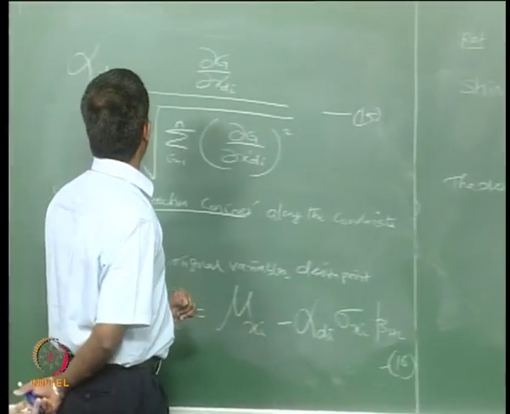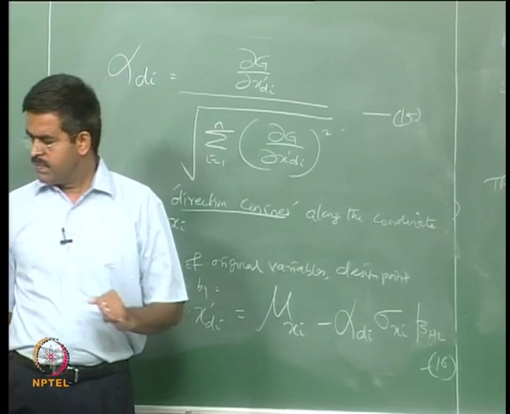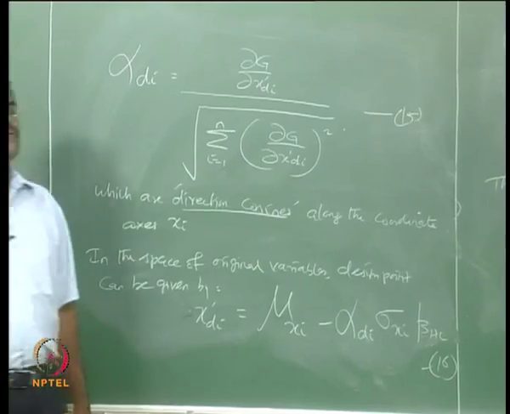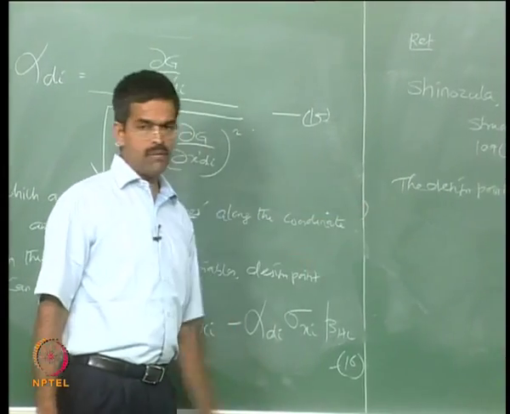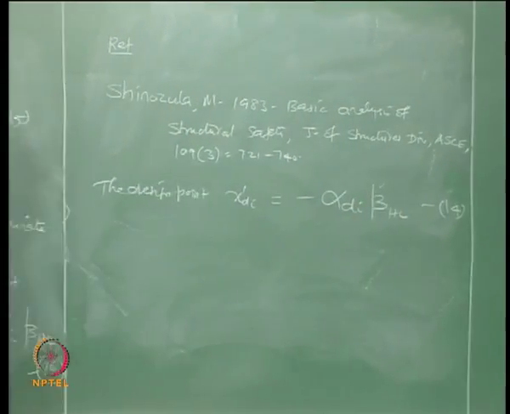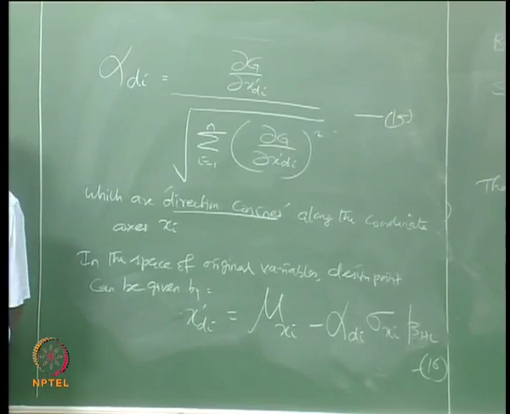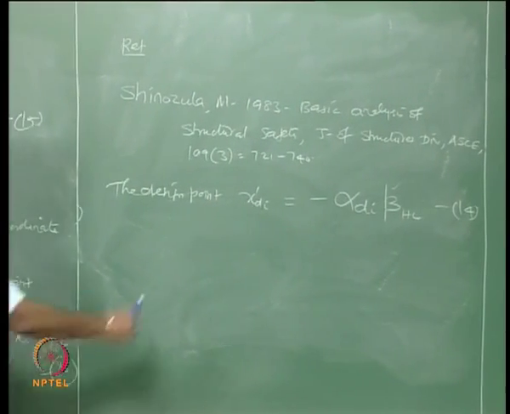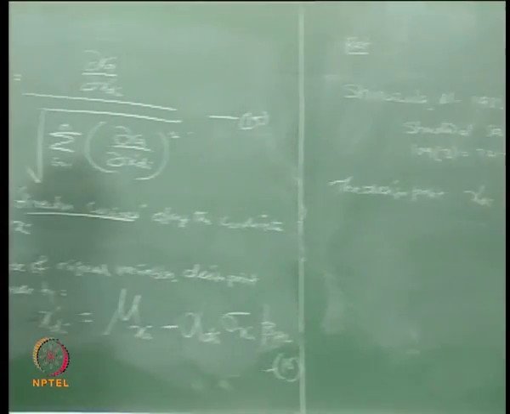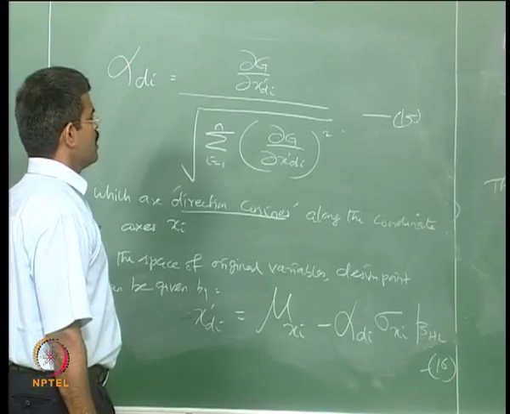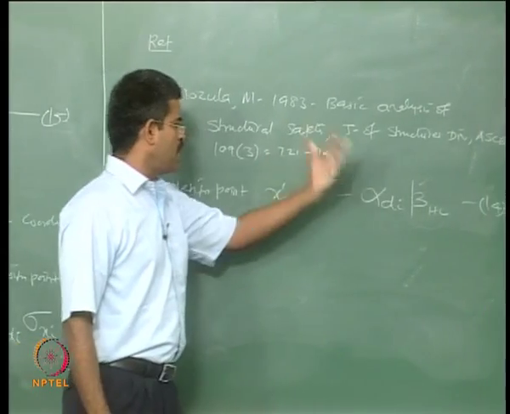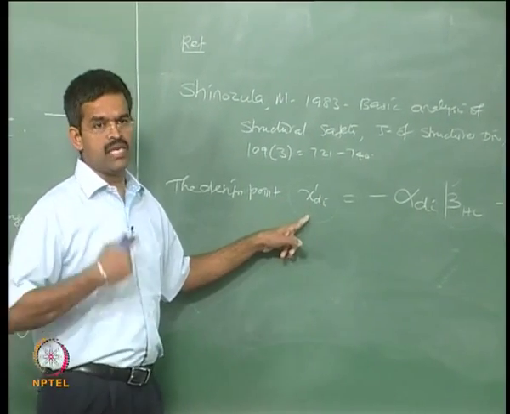Find out from equation (15) or in our case equation 14 the new beta HL, or you will find the x dash i in terms of beta HL. Then substitute back in the original equation of beta HL to find out the value of beta HL, substitute again back in equation 14, and keep on getting new x i's.